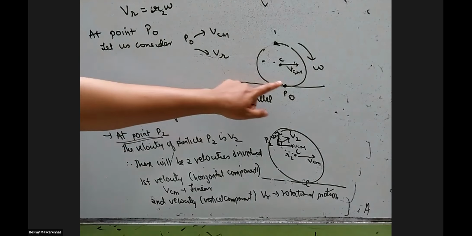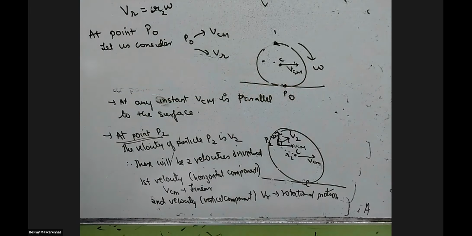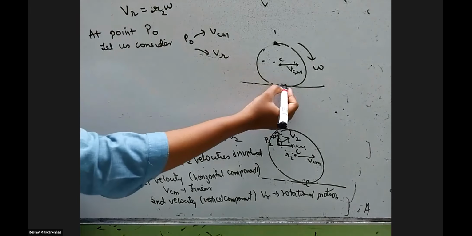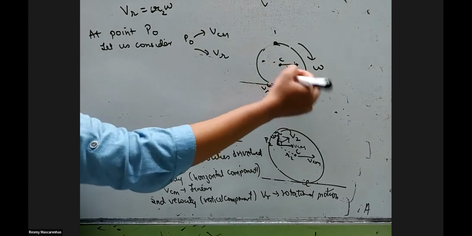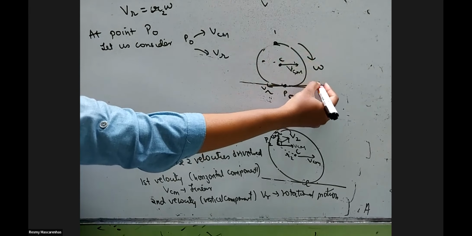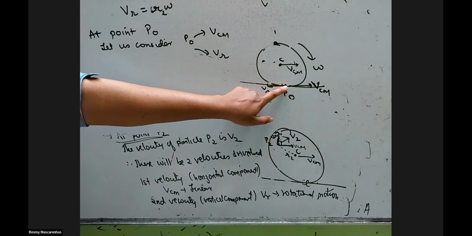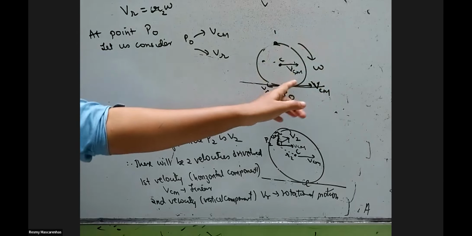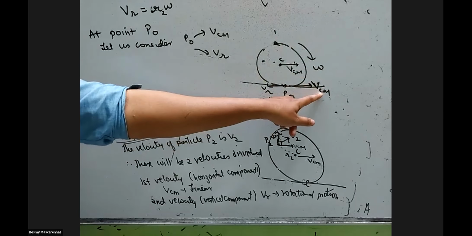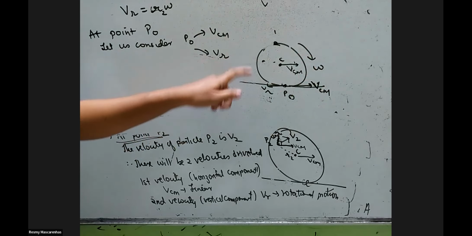One is going forward, the other will automatically be moving backward. Just try to imagine: the rotational one is going this side and the linear one is trying to move in front at P0. As per the linear motion, which side is the motion taking place? The disc is moving forward, so the linear one will be this way. But for rotation, the disc is moving backwards at this point, so the rotational velocity will be opposite.